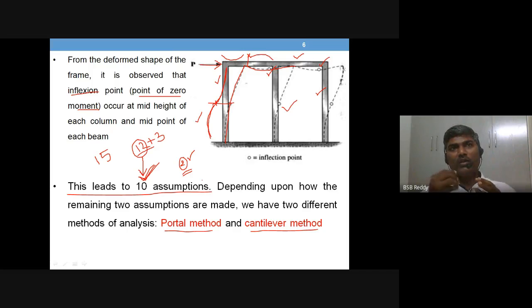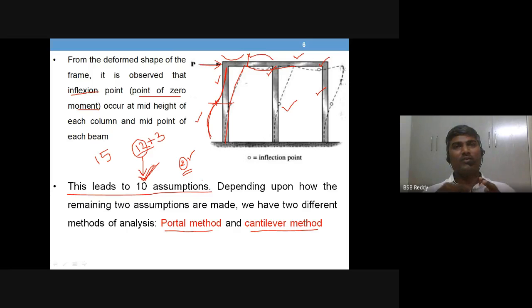So why do you need approximate methods? There are many situations where you need only an idea about the analysis of the frame, where you don't need the exact size of the member or exact steel in the structure, just a rough estimate. I told you the two situations.